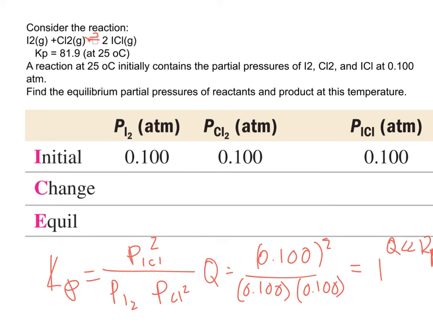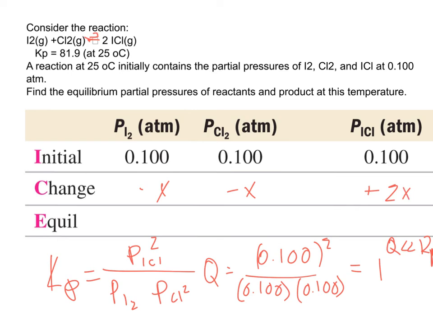Q is much less than Kp, meaning that the direction this has to go is towards products, to get bigger. And so we know that this becomes minus x, and then plus 2x. Okay, so again, minus x, minus x, plus 2x.